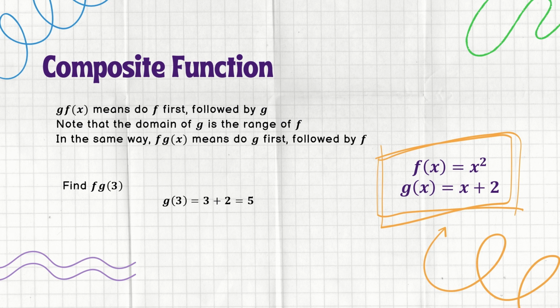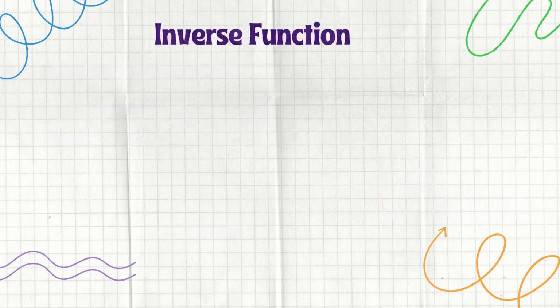So we've got 3 plus 2, which is 5. After we did g(3), we need to put the output of g(3) into the f function. So it becomes f of 5. So f squares it, so 5 squared is equal to 25. So the result of fg(3) is 25.